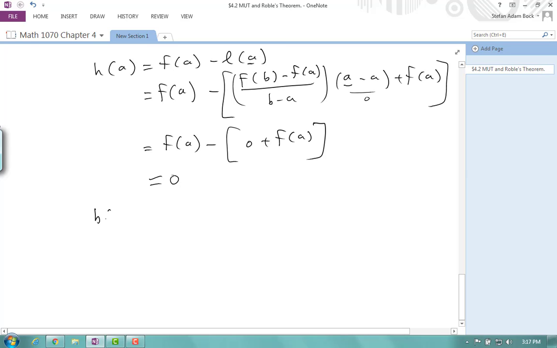And similarly, h(B), which would be f(B) minus L(B), would be equal to f(B) minus this big old thing.